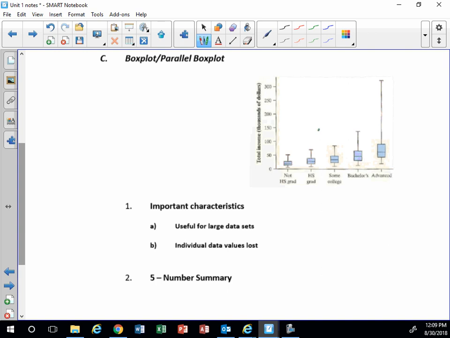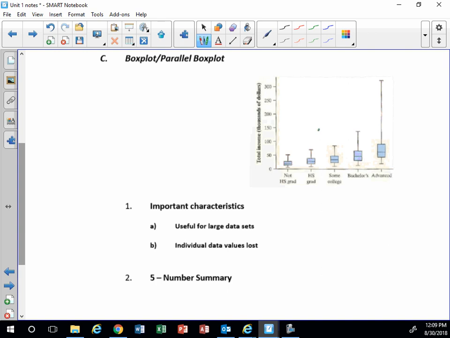Because if there were 12 values in your data set, 3 of them are up here, 3 of them are in here, 3 of them fall within there, okay? It splits your data evenly into 4 groups. So it can show you they're evenly spaced, they're not evenly spaced, we might have an outlier in this group. So you can get an idea of what's going on with your data.